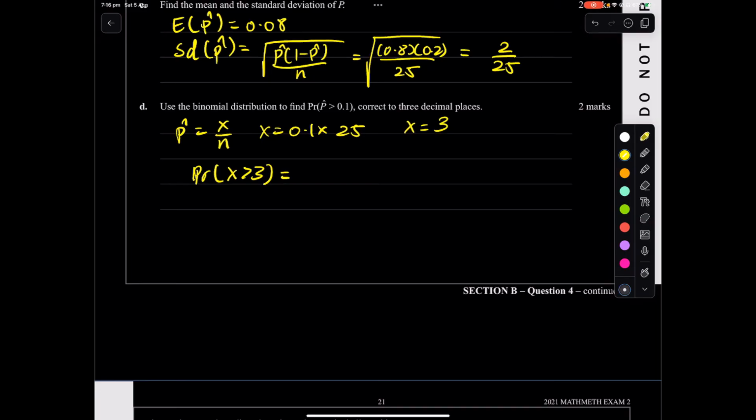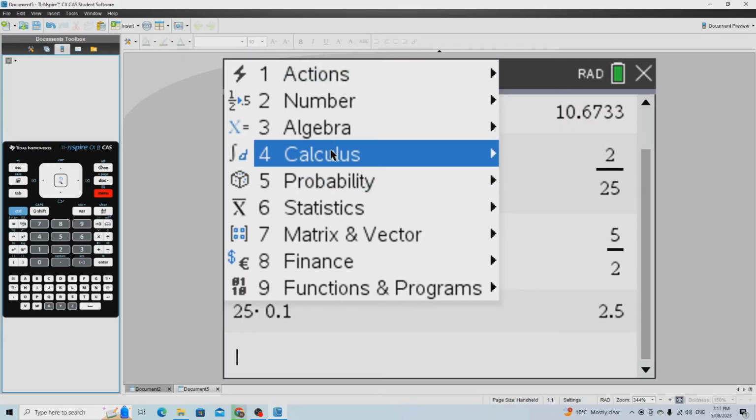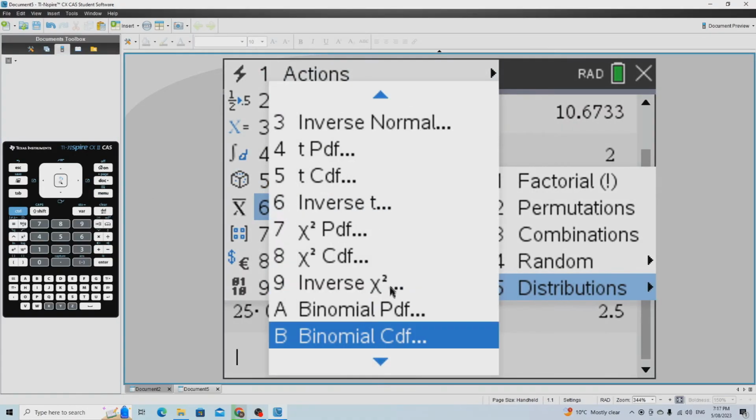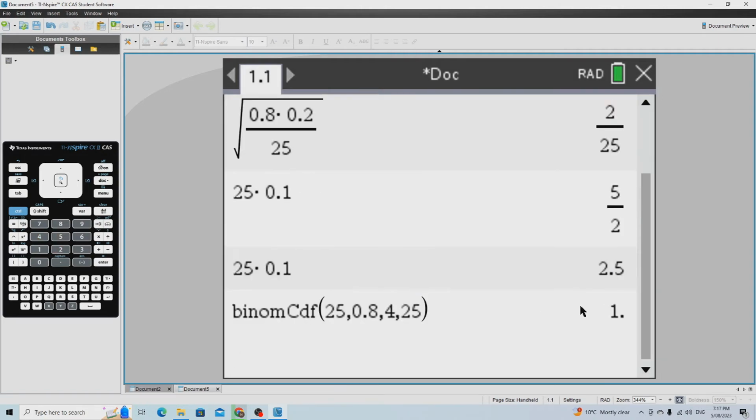If we go on over here, menu, probability distributions, binomial PDF, so 25, and I think probability of success is still 0.8. Lower bound now is 4, because it's not equal to 3, so the next value is 4, and our upper bound is 25. What have I done here?